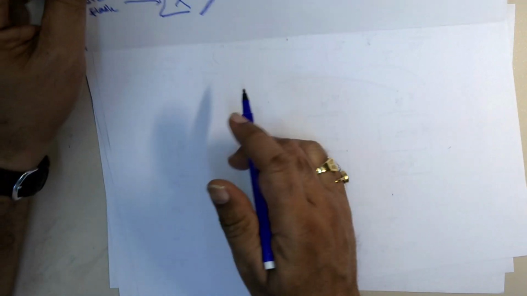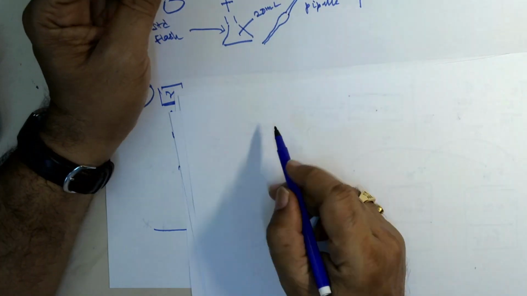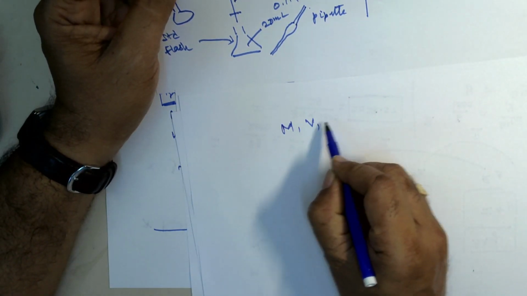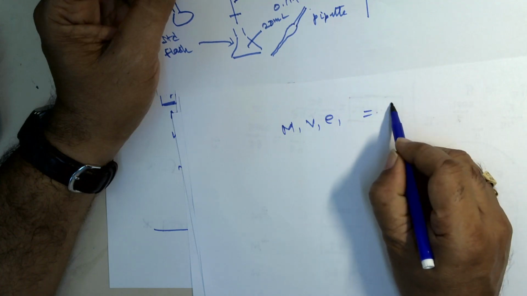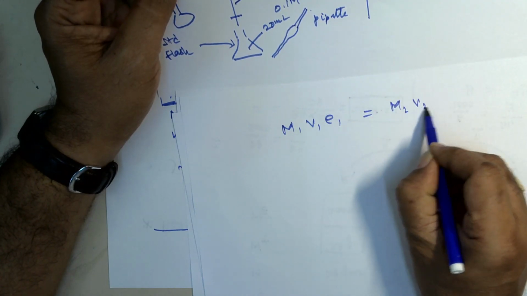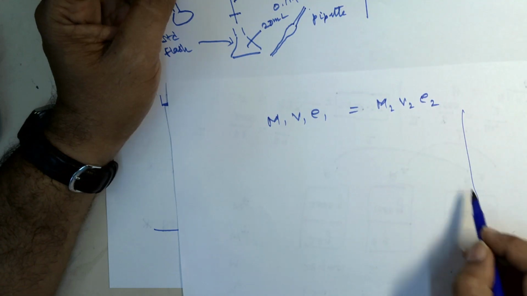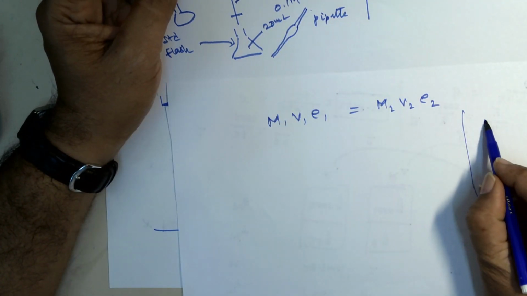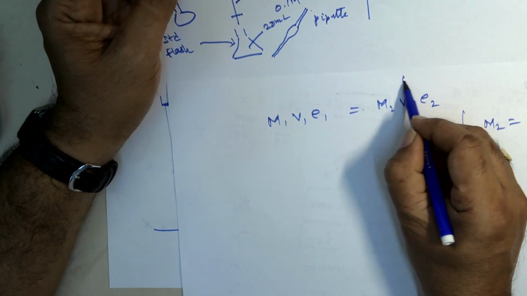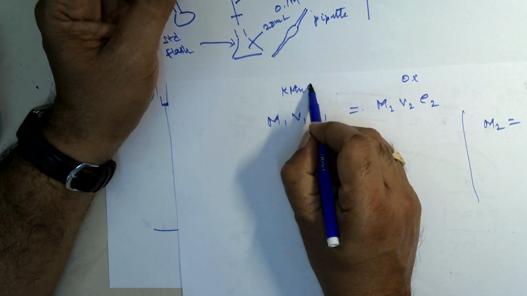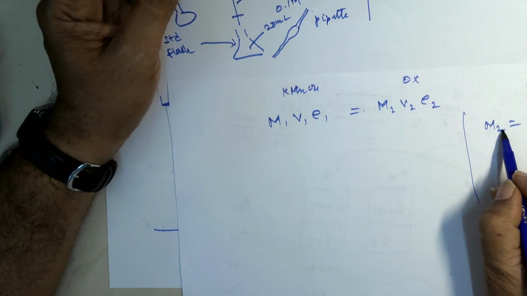Now let us fill in the equation: M1 V1 E1 is equal to M2 V2 E2. Got it? We already know the molarity M2, that is oxalic acid. This side is oxalic acid, and on the left-hand side you have KMnO4.